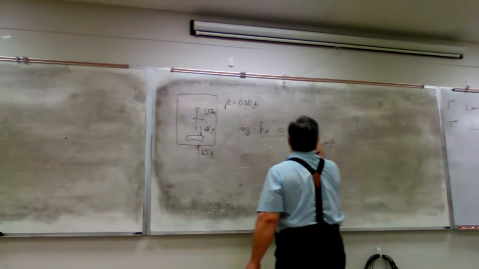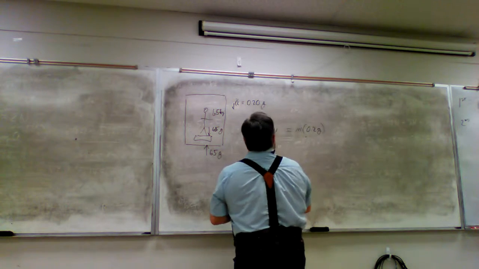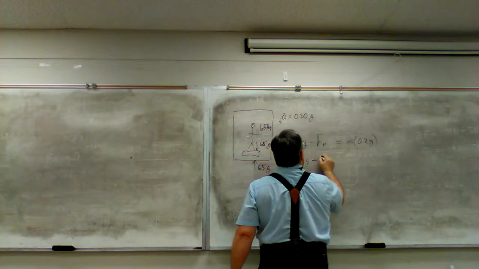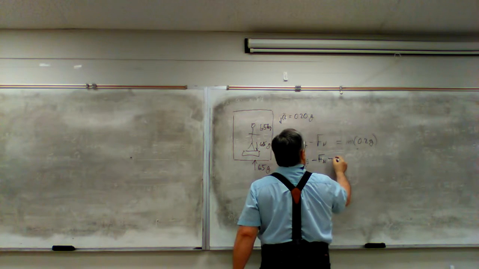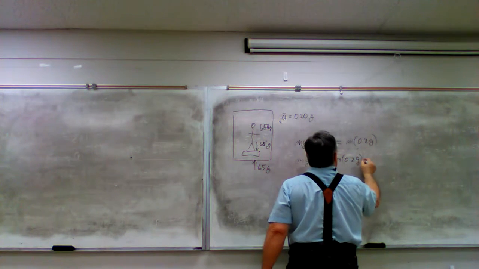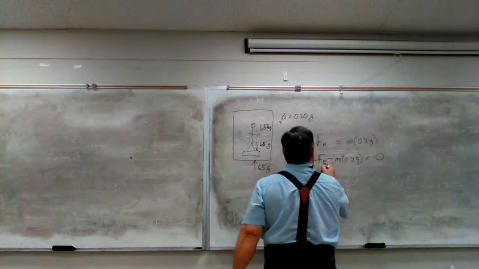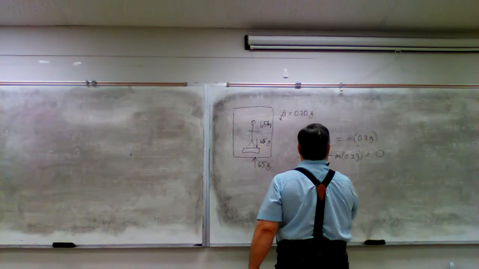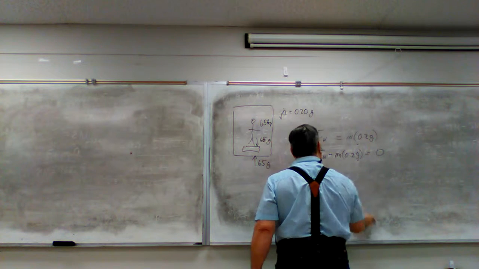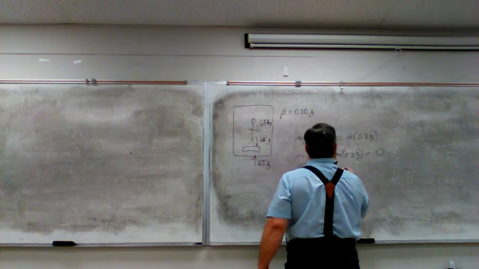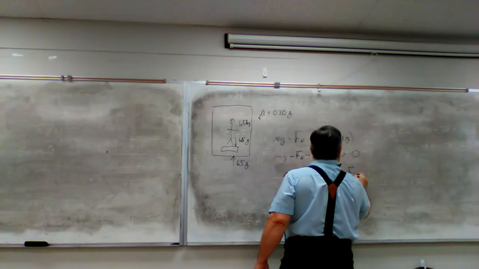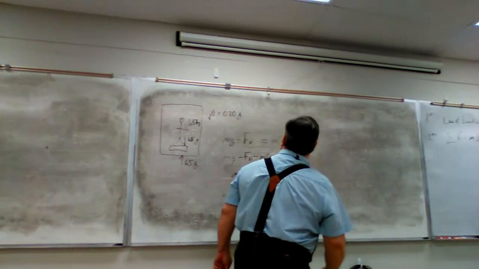So when they solve it, they write mass times gravity minus force normal minus mass times 0.2g equals 0, and then add the force normal to both sides, and they're left with mass times gravity minus mass times 0.2g equals the normal force.